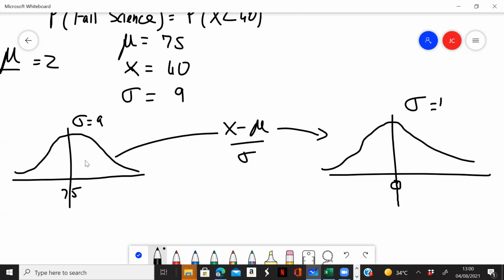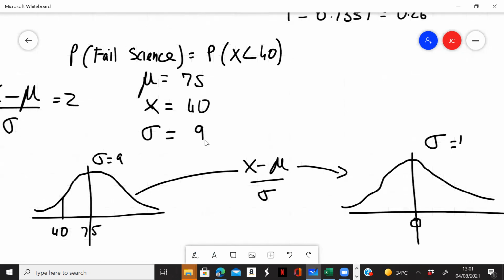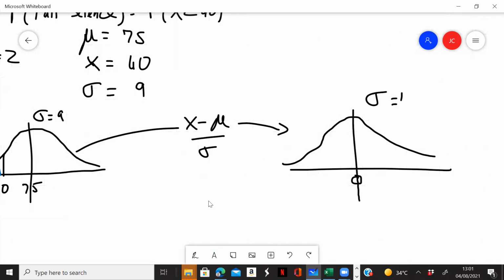The only thing that changes is this. My x was 40. If this is my normal, 75 is the middle, 40 is here. Probability less than 40 means finding this blue area. But with the translation, 40 becomes something different.